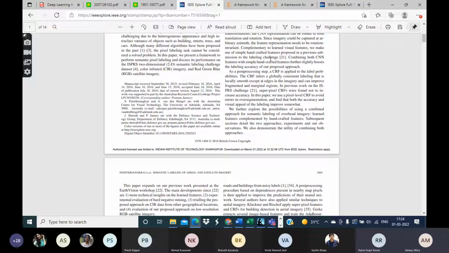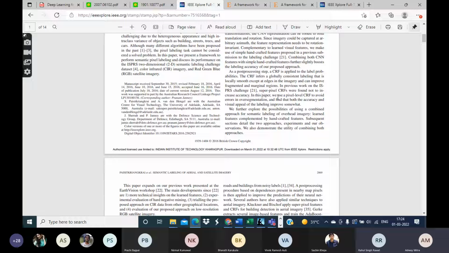That means apart from the edges, where there is a change from one object class to another, the pixel labels should be consistent with each other. In the previous work on the ISPRS challenge, superpixel CRFs were found not to increase the accuracy.